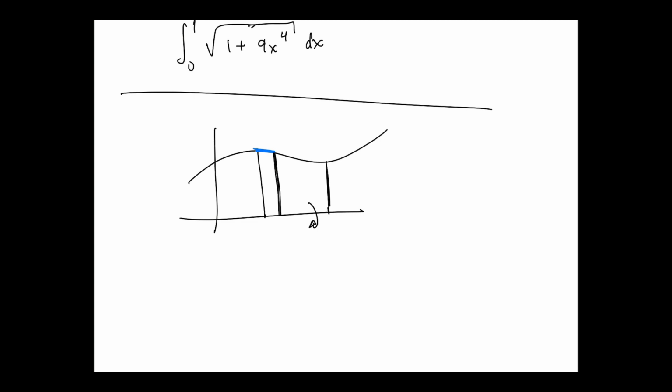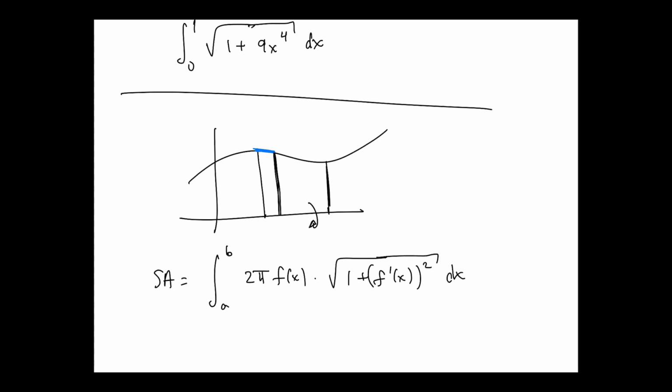Okay, and so the surface area will be this. The two parts here are 2 pi times radius, and then this part is the arc length, basically, right?